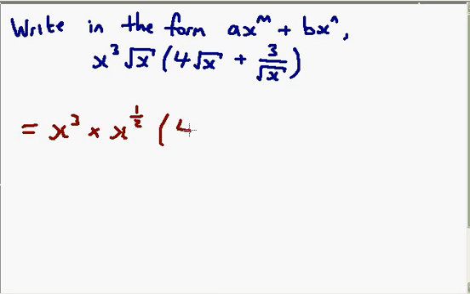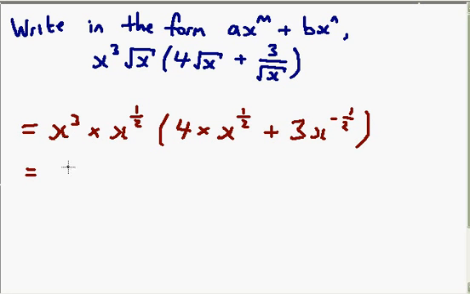Okay, in brackets I've got 4 lots of x to the half, and I've got 3 lots of x to the minus a half, because it's at the bottom of a fraction.